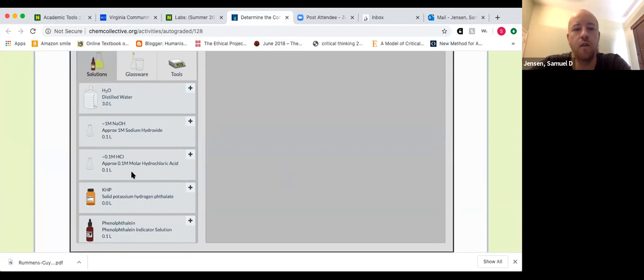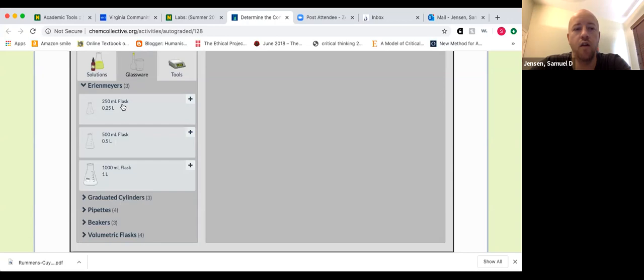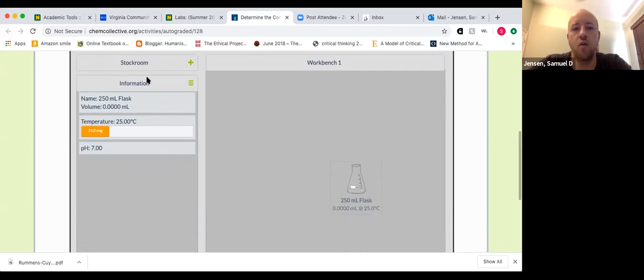We have various glassware that we're going to need, things like an Erlenmeyer flask. So we need an empty Erlenmeyer flask. I'm going to do one of the titrations here to walk you through.